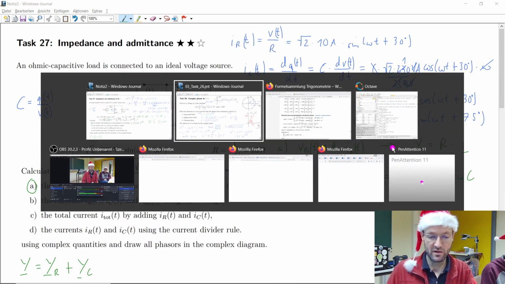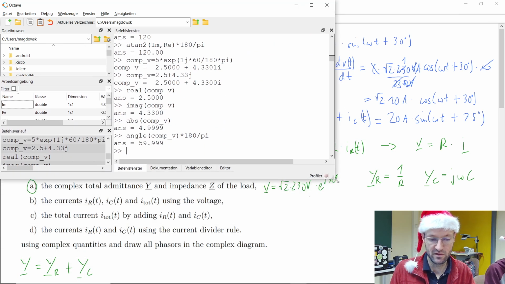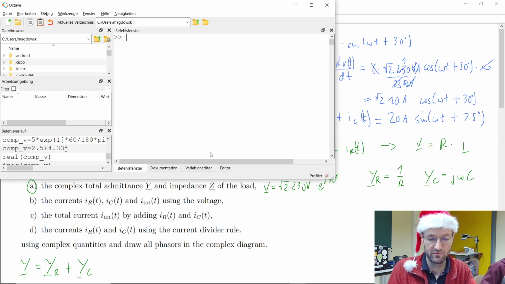Okay, so I will go back to my Octave window, and say for a moment clear all and close all, or CLC. Okay, so R is 23, so YR, the admittance, is 1 over R, no problem.